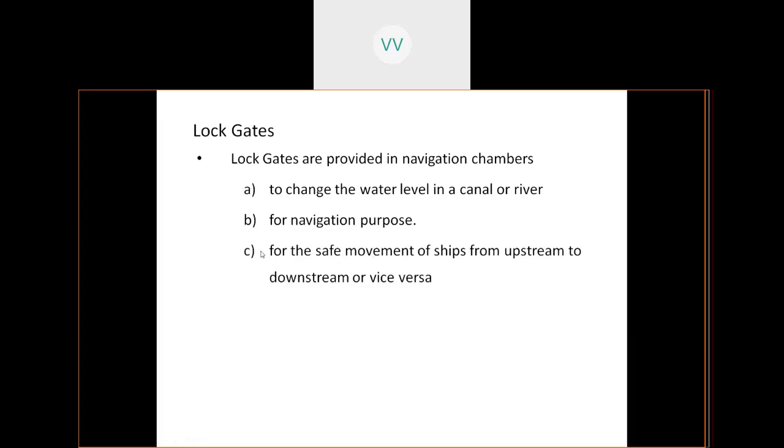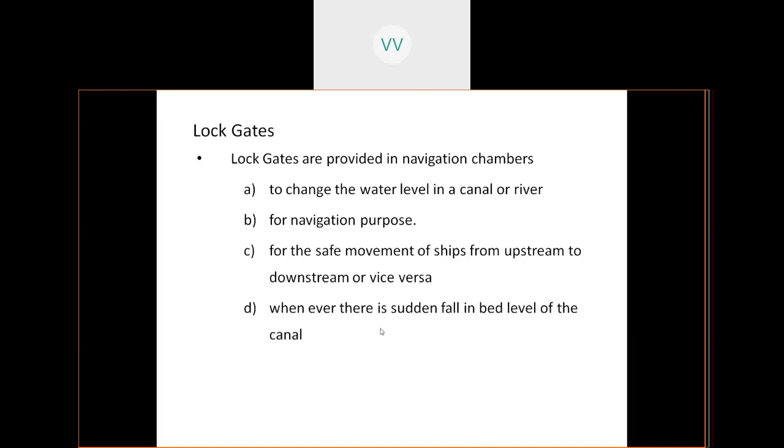Another purpose is the safe movement of ships from upstream to downstream and vice versa. That means in the reverse way, from the downstream to the upstream side also. So you can come from up to down or down to up; the movement should be possible.